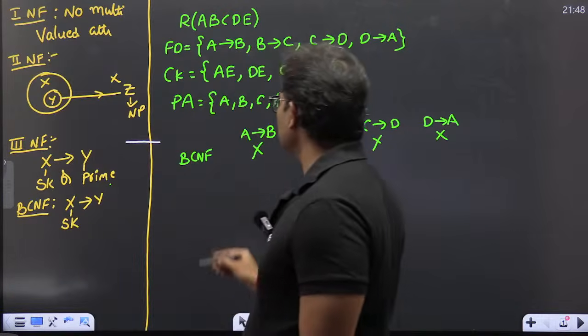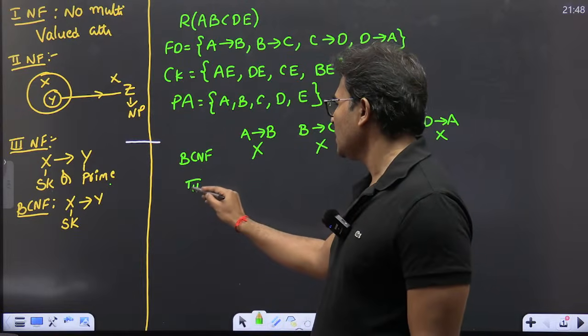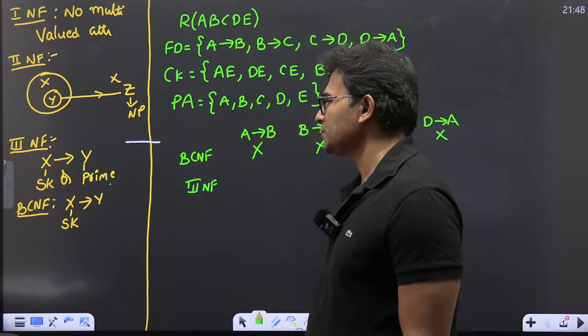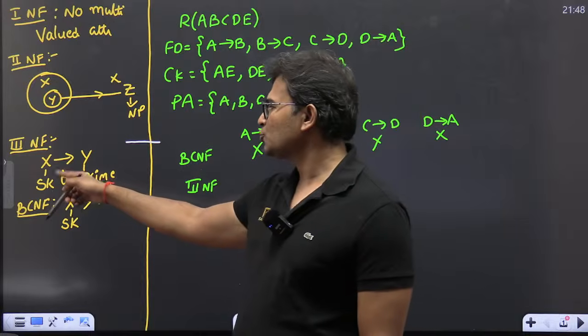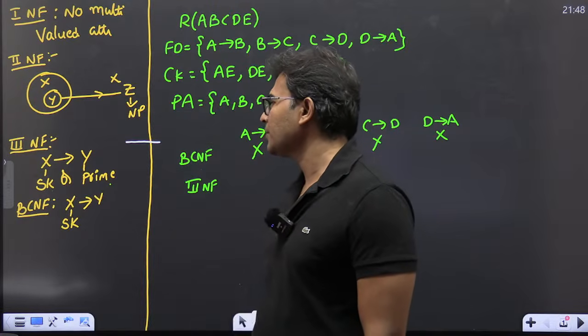Now the next one is we have to check about third normal form. In third normal form, there are two conditions. Left hand side has to be a super key, or right hand side has to be a prime.